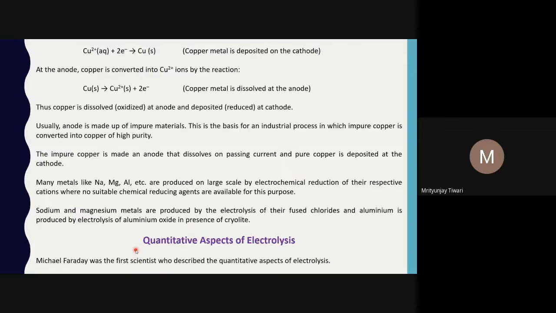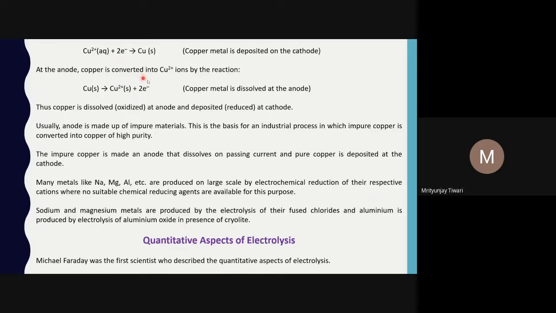The reaction is Cu2+ (aq) + 2e- gives Cu (s). So the copper metal will be deposited at the cathode. At the anode, because the anode is also made of copper, we see oxidation: copper will be oxidized to Cu2+ ions, and 2 electrons will be liberated.